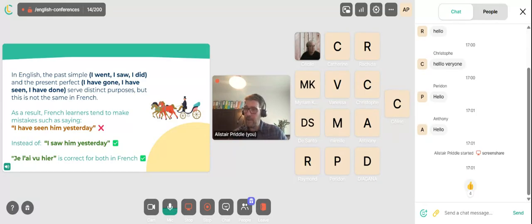As a result, French learners tend to make mistakes, such as saying, I have seen him yesterday, instead of, I saw him yesterday, which is correct. So I have seen him yesterday is incorrect. I saw him yesterday is correct.